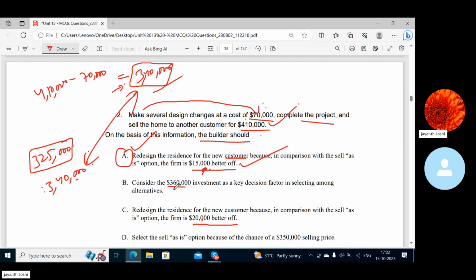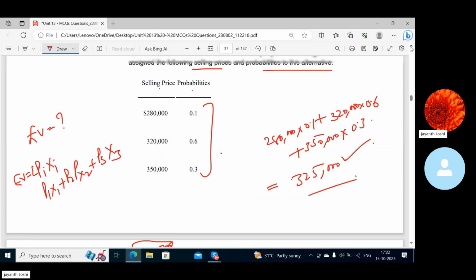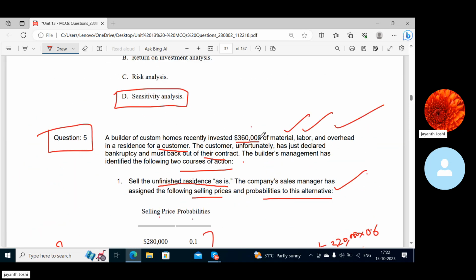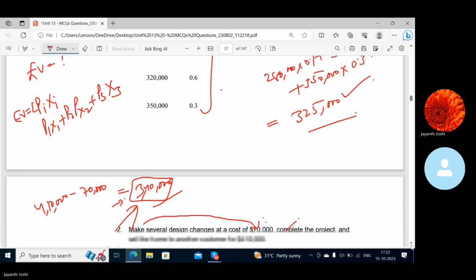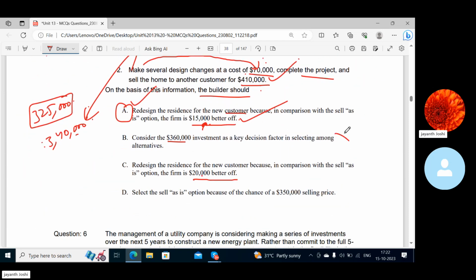But second, consider the 360,000 investment as a key decision factor in selecting among alternatives. Whichever option I take, I have to spend 360, right? It is irrelevant.